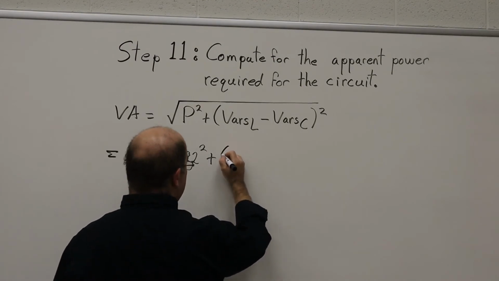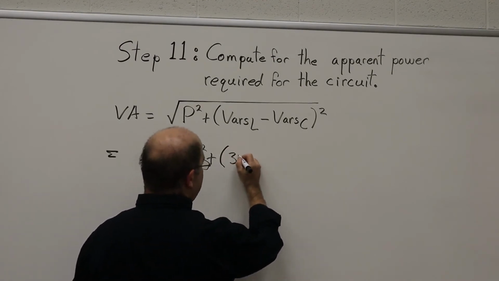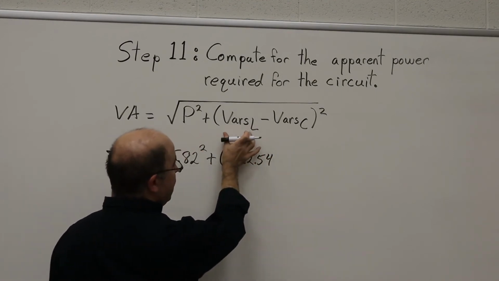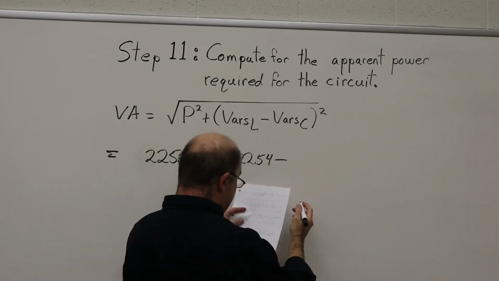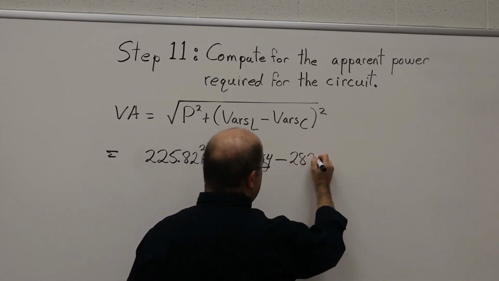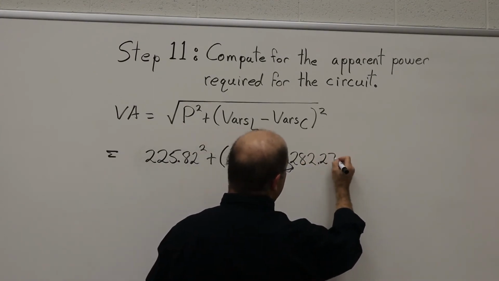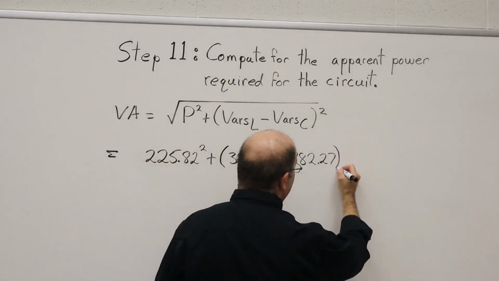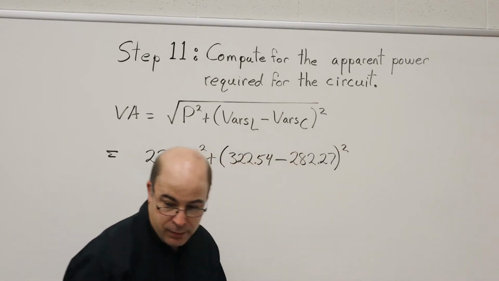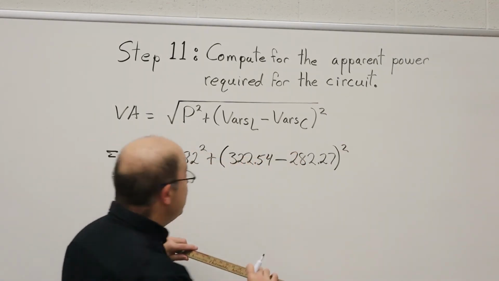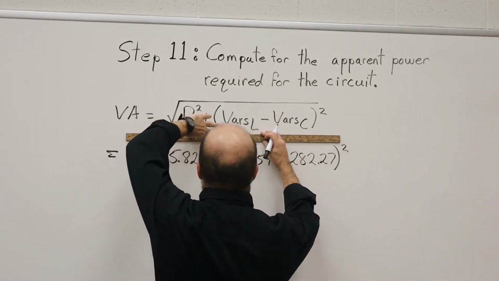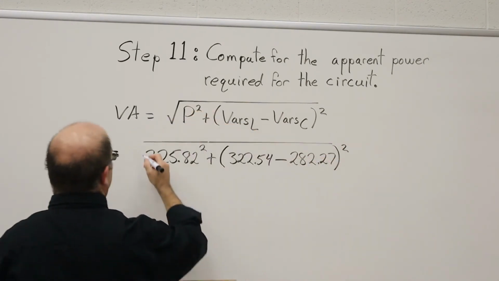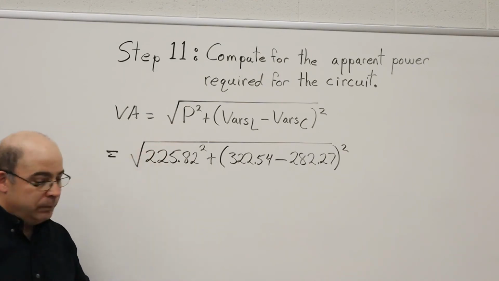Now, we open up the brackets, 322.54 vars L. We're going to subtract the 282.27 vars capacitive, squared, and it's a long formula, so I'm going to use a ruler here.